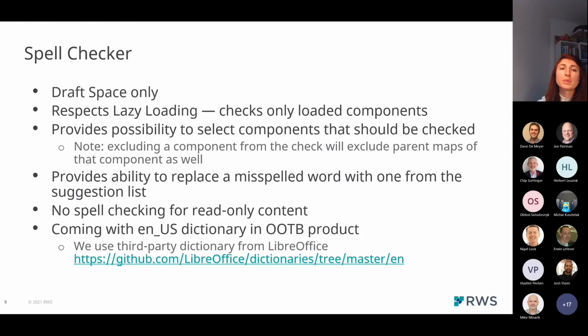The spell checker is basically a function or option that you can see across different applications. It becomes a default setting. If you do any editing in Word or in social media, anywhere, you have a lot of suggestions or highlighting of things that were spelled incorrectly. So it's important that we also have this functionality out of the box in our product.